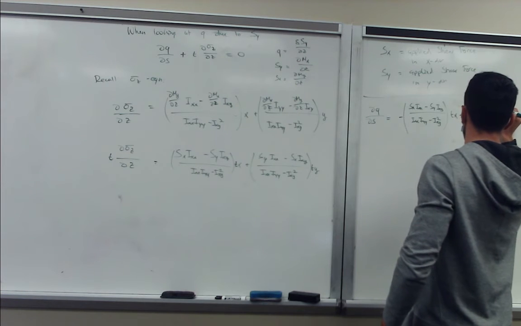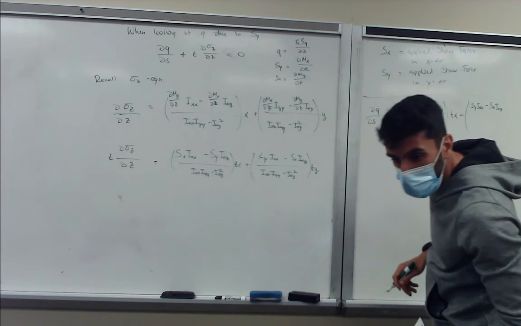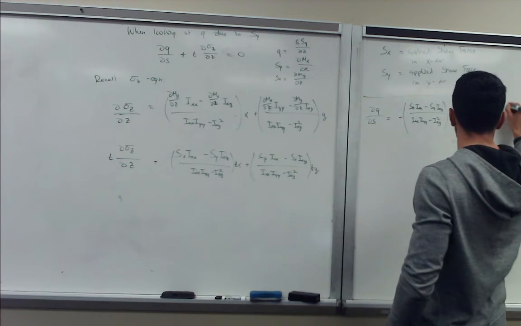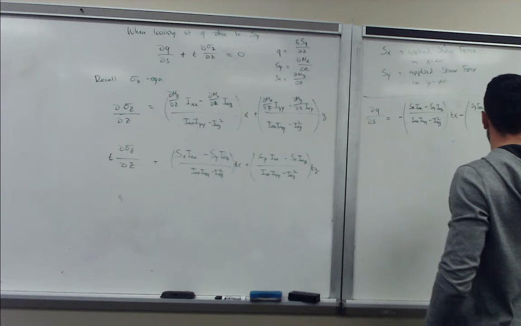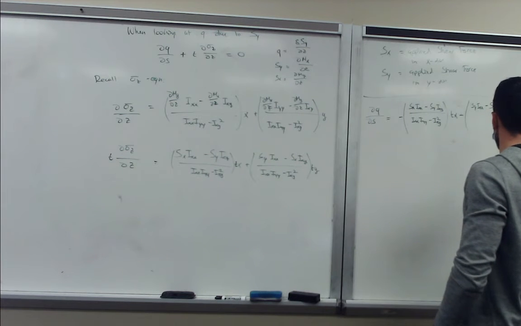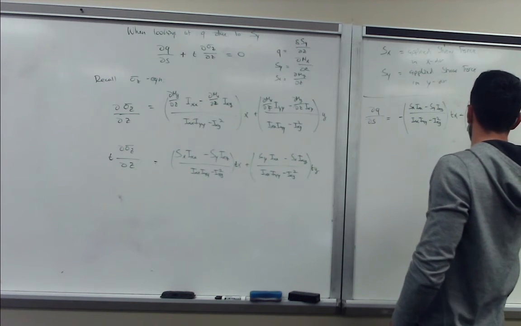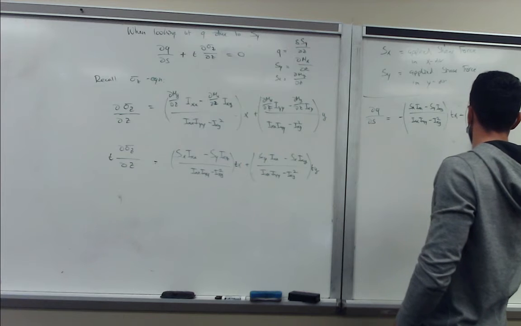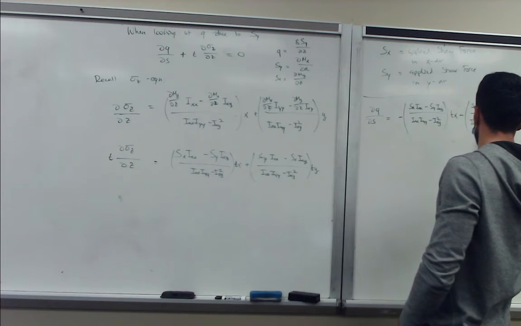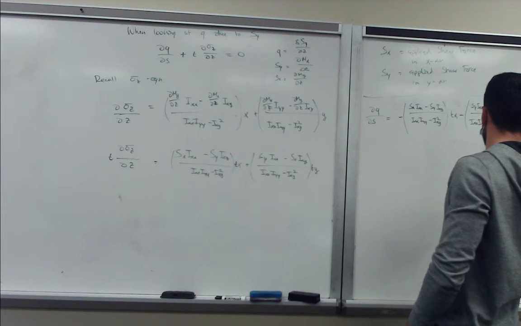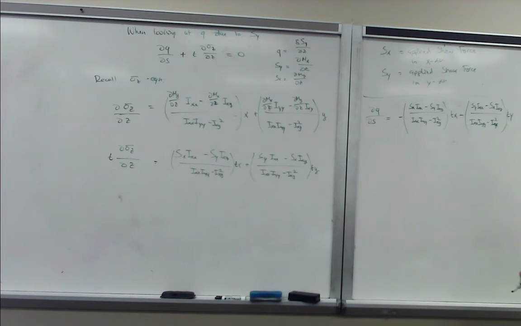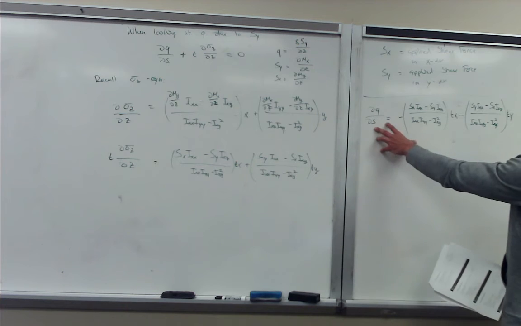Double check. Yeah, it's still visible. Ty, and Ixx Iyy minus Ixy squared. So this is of course a partial derivative.